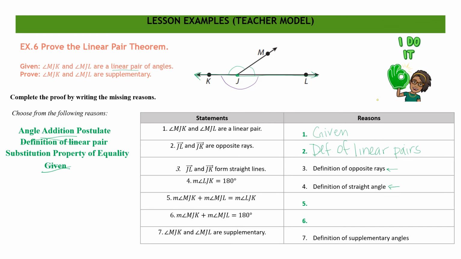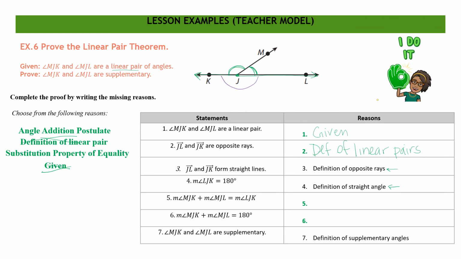Now let's look at statement number 5. Statement number 5 says the measure of angle MJK plus the measure of angle MJL equals the measure of angle LJK. So once again, MJK is this angle, and then MJL is this angle right here. And it's telling me this sum equals the full length of the straight angle LJK.